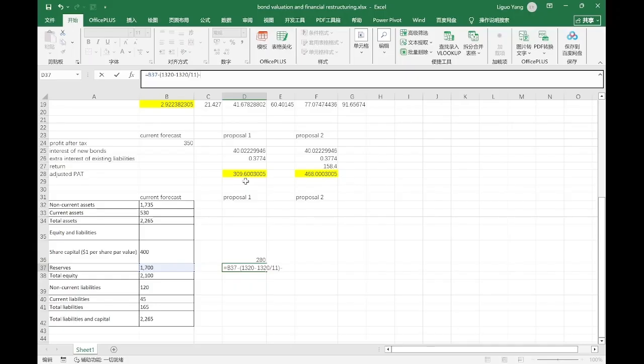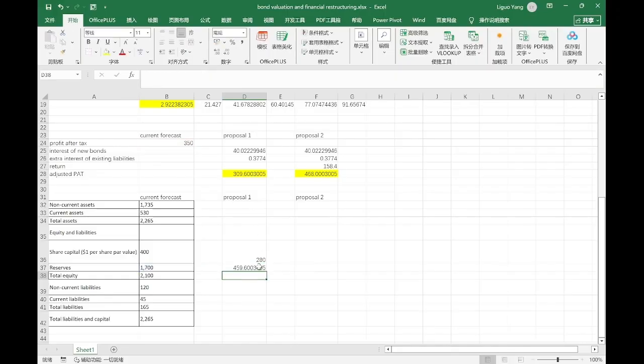So the net loss is okay. And the others, we will go through one by one.